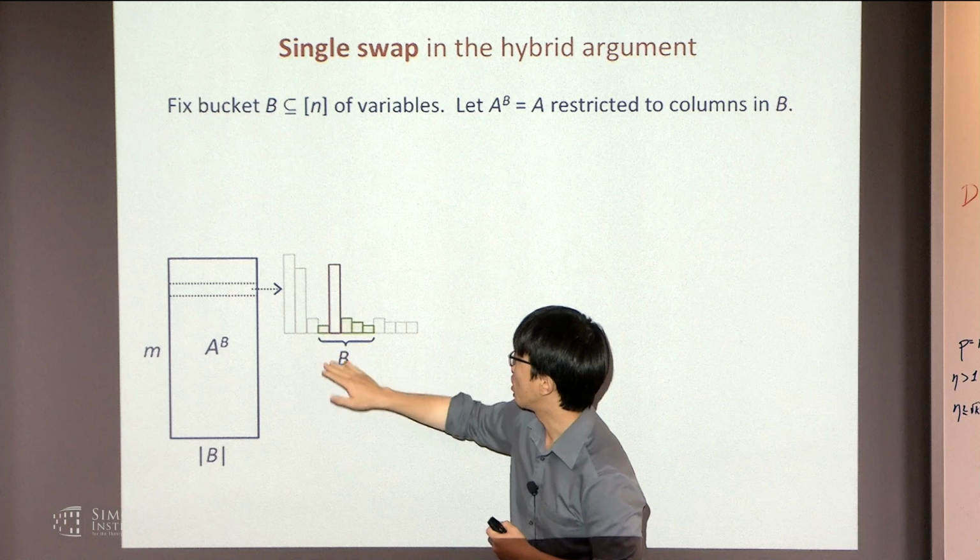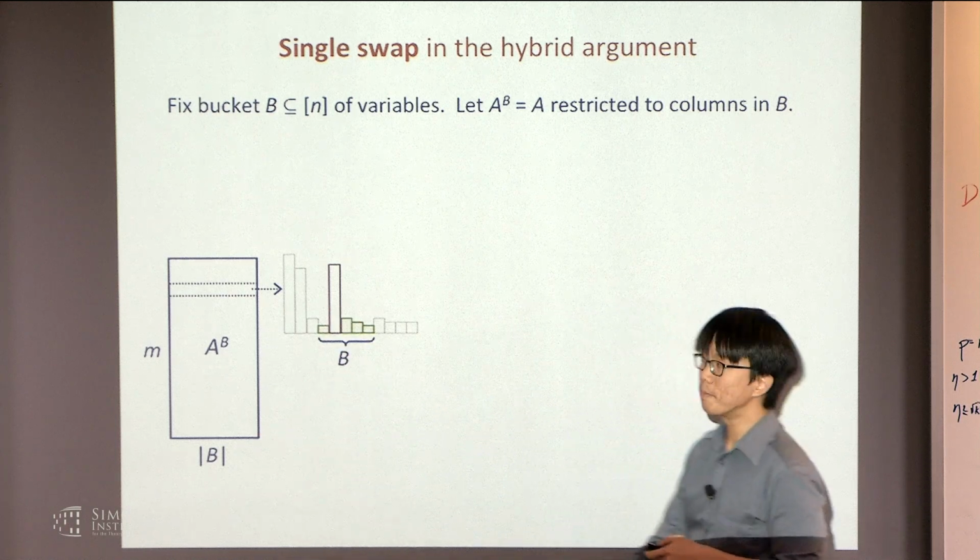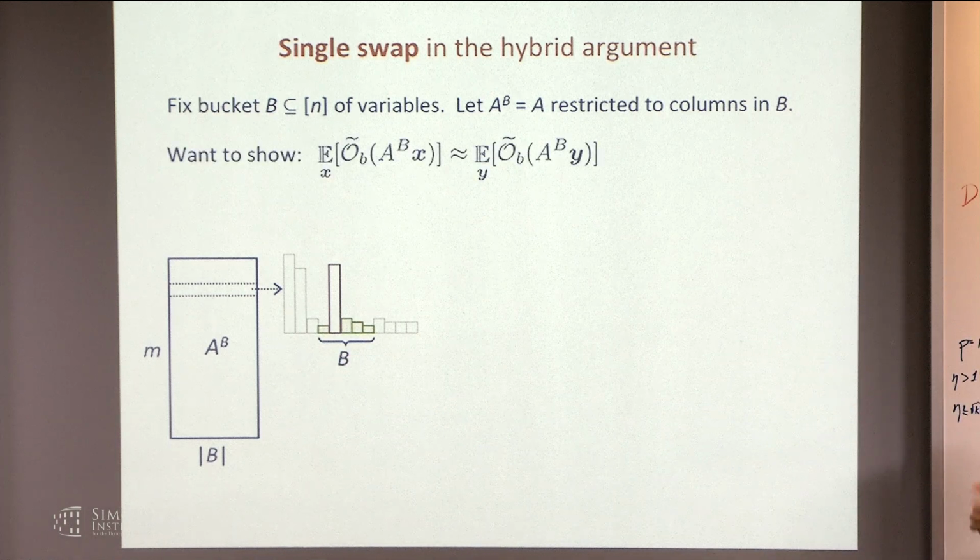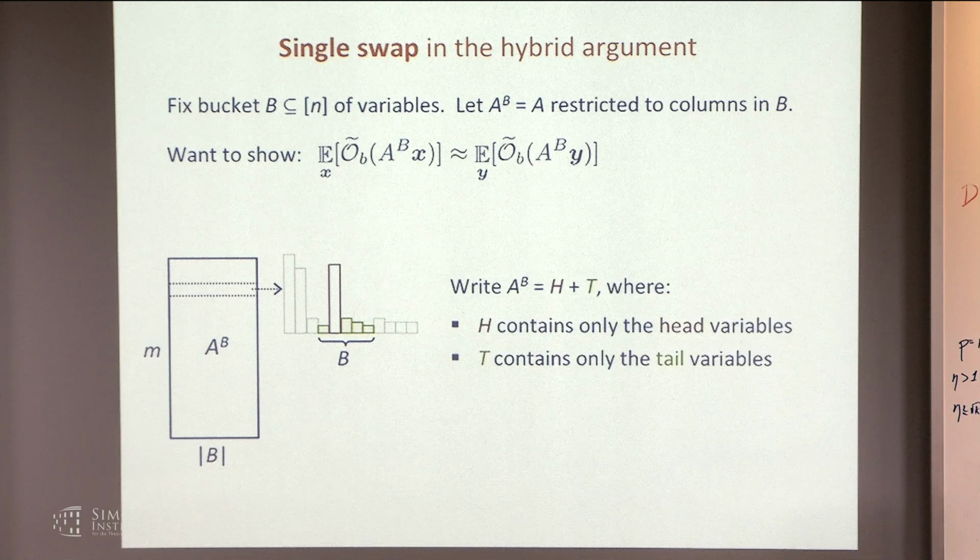If you ignore the large variables, everything else is very well spread out. And our goal is to show that if you swap out this bucket, a uniform random assignment versus a pseudo-random assignment, it's still close for this bucket. So the first thing I'm going to do is to decompose A restricted to this bucket B into H plus T, the head part and the tail part.